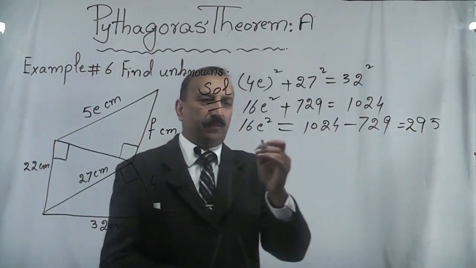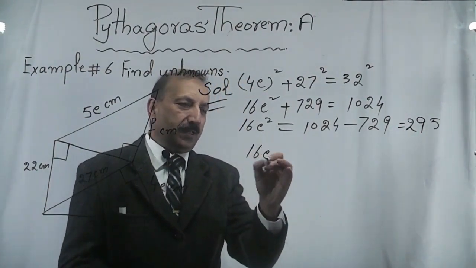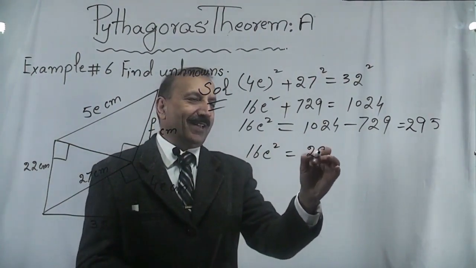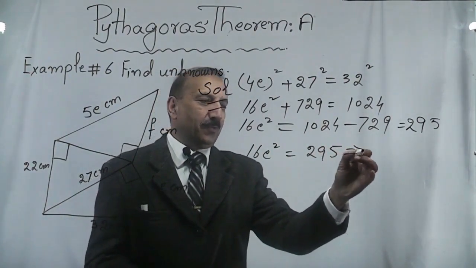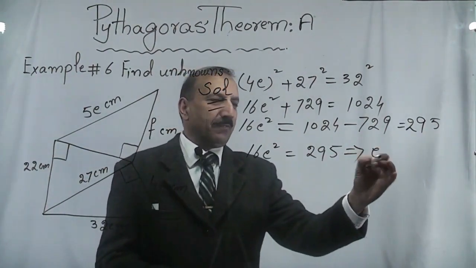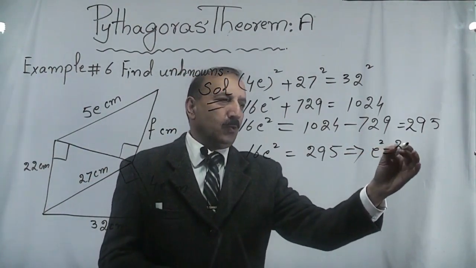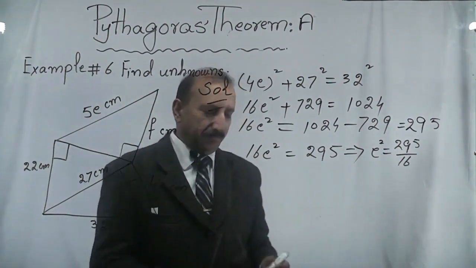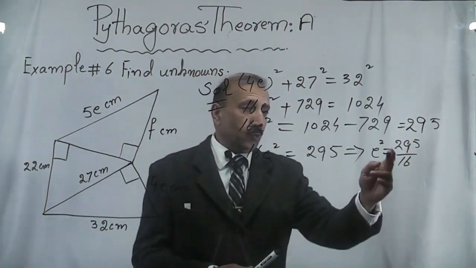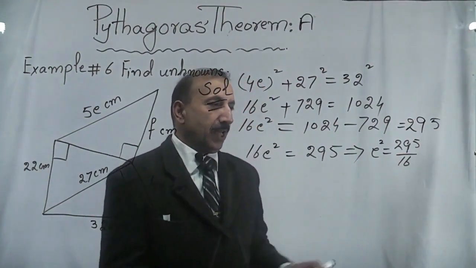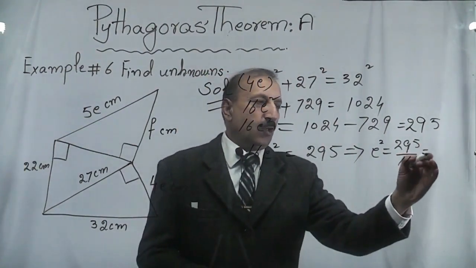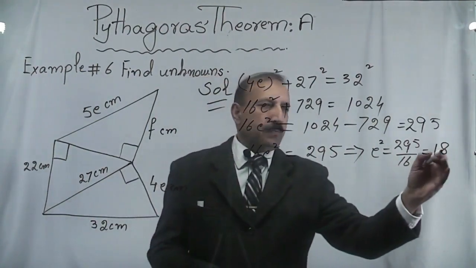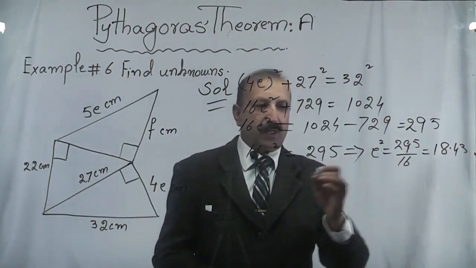This is 295. So 16e square is equal to 295, and it means that e square will be equal to 295 divided by 16. When we divide 295 by 16 with the help of a calculator, we got 18.43.